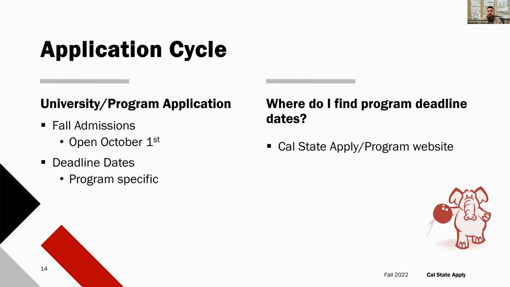The caveat is that if the program fills up before then, you'll have submitted your application, but you might not be guaranteed a spot because it might have already filled up. So it's important to submit your applications before the rolling deadlines as opposed to the final deadline on Cal State Apply, and to look on the program website for those rolling deadlines. Not all programs offer a rolling deadline, and not many do, actually.